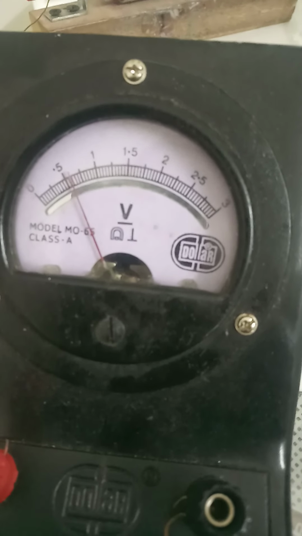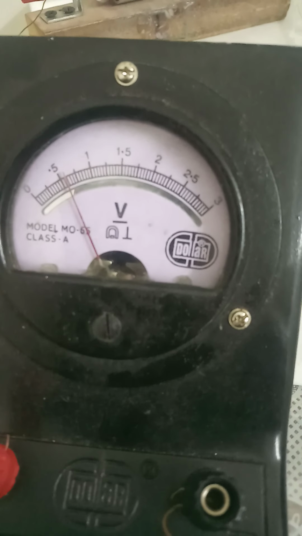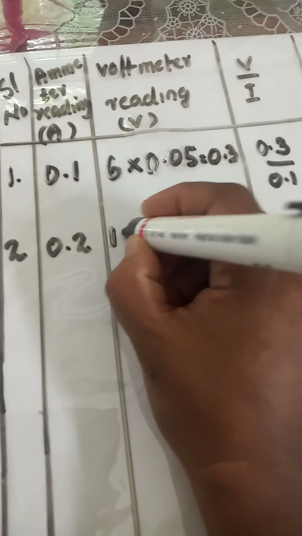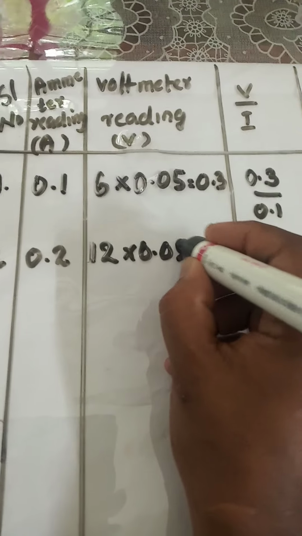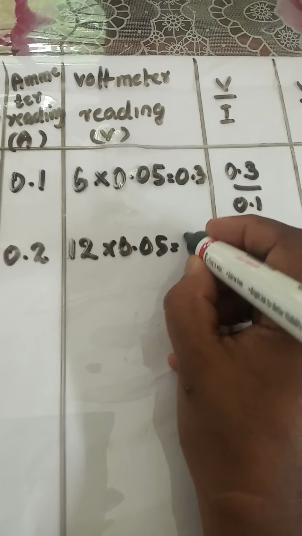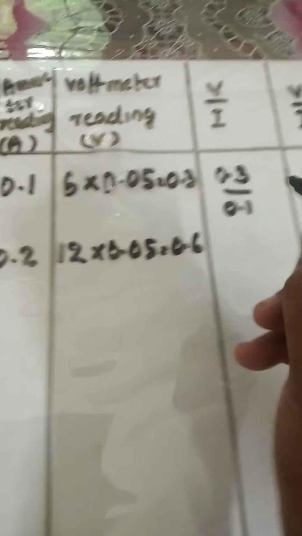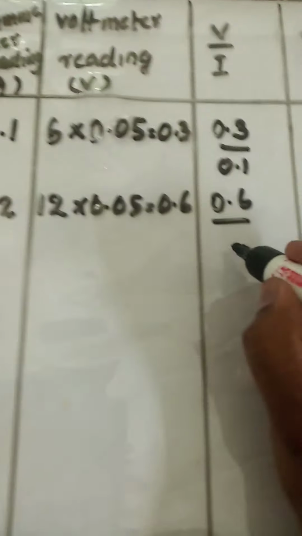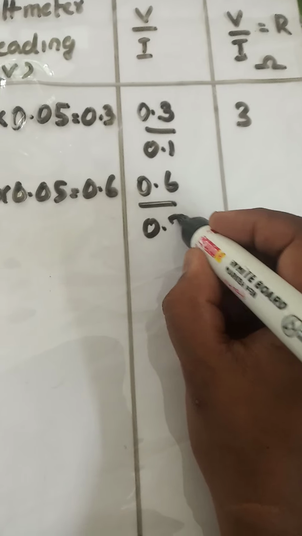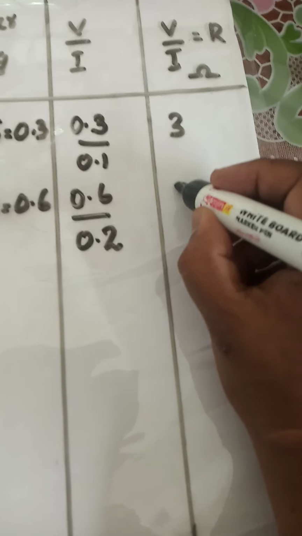So 12 into 0.05, that is 0.6. So what is V by I? 0.6 by 0.2 is 3.